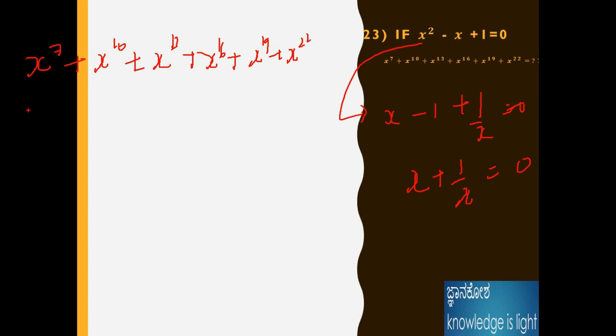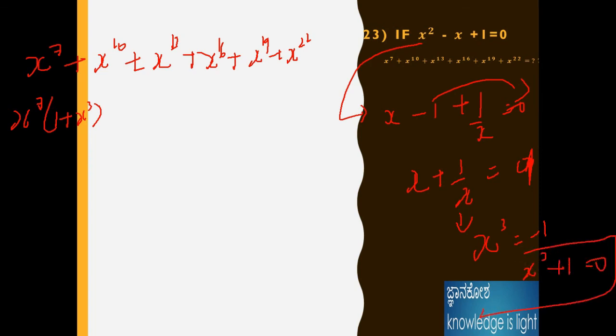Fine, I will take x to the power of 7 as common here, so the formula is x cube, 1 plus x cube. Here, if I am shifting the 1, it should be converted, then x cube plus 1 is equal to 0. Understand? This is the logic here.